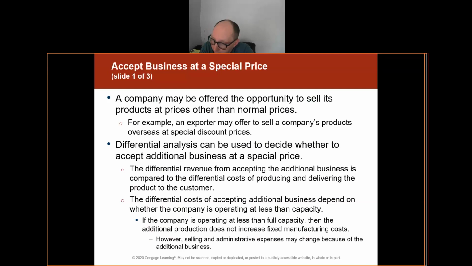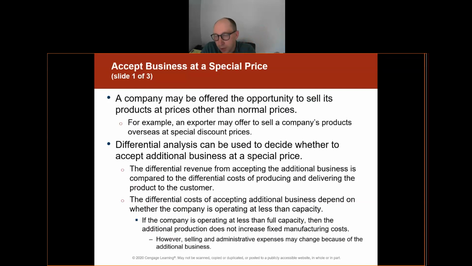Now, here's another type of differential analysis. This one's called accept business at a special price. What this means is, let's say we produce basketballs. Let's say we're Wilson. We produce basketballs for the basketball sport, and we sell them at whatever the going rate is.